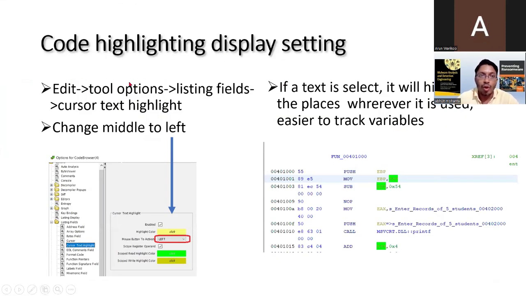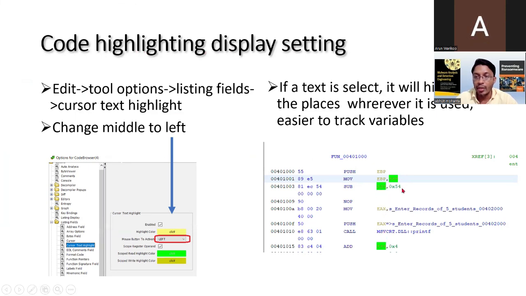Similarly, there is one more option you should always remember to select while reading code. It is related to highlighting code, and it is very helpful. Say you click on some string: it is going to highlight all the occurrences related to it.